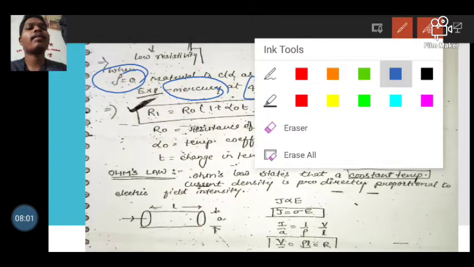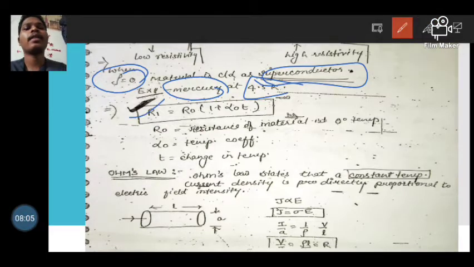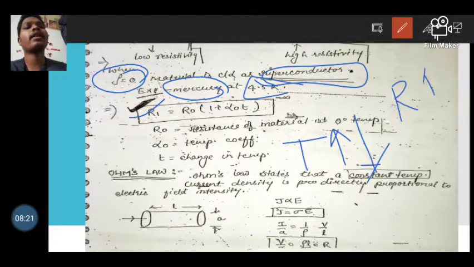And please remember one formula, that is R1 is equal to R0 into 1 plus alpha 0 T. The resistance will change depending upon the temperature. Whenever you increase or decrease the temperature, the resistance will increase or decrease.